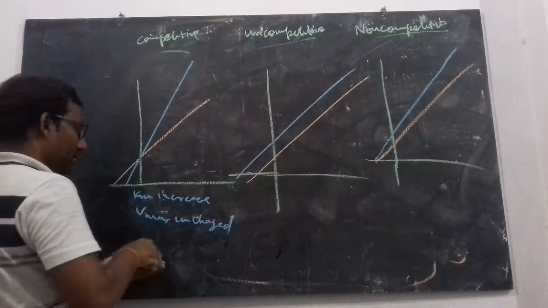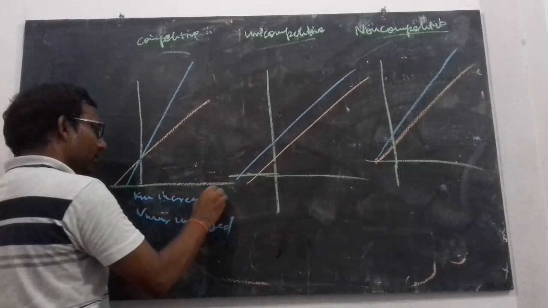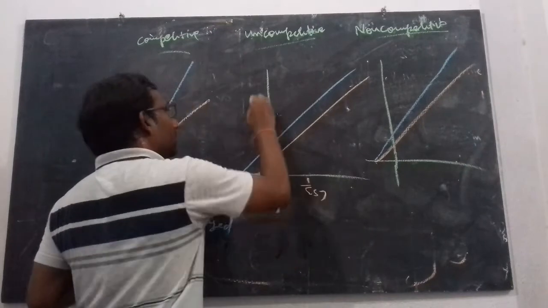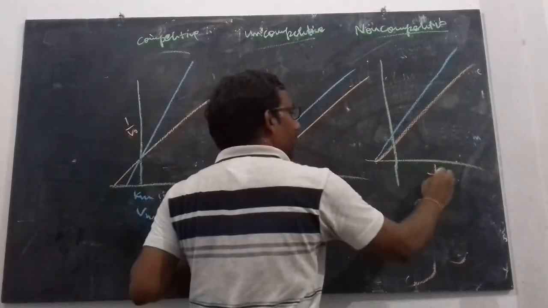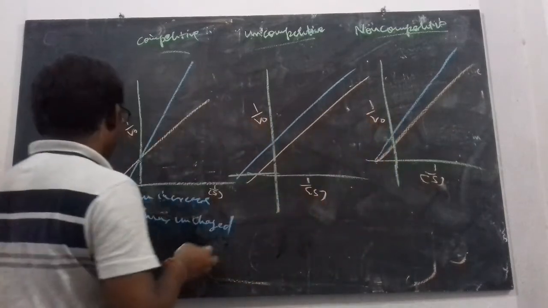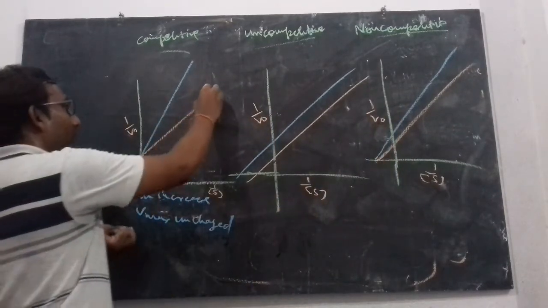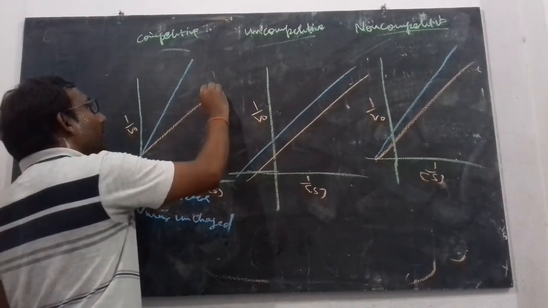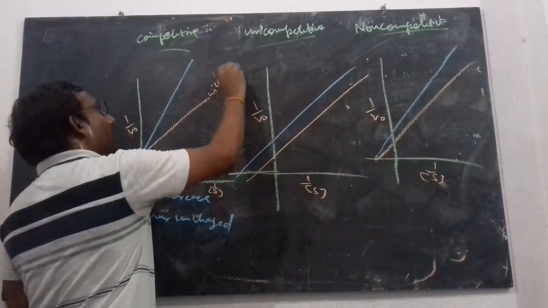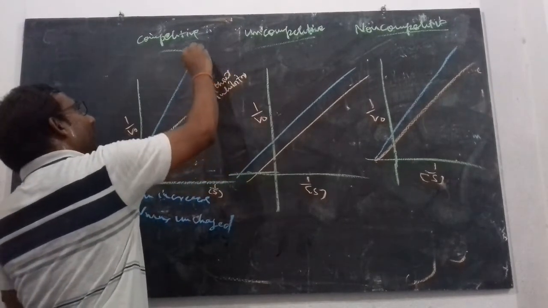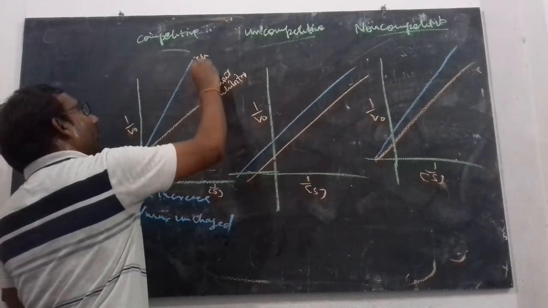This is 1 by S and this is 1 by V naught, in each graph. So this is without and with. This color is without inhibitor, and this one is with inhibitor, competitive inhibitor.